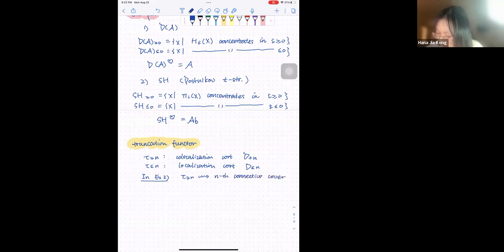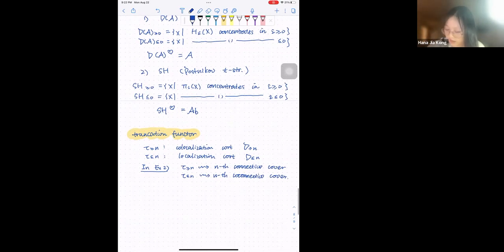This is the n-connective cover functor, and this is the n-co-connective cover functor. An application of the truncation functor is that you get filtered objects.